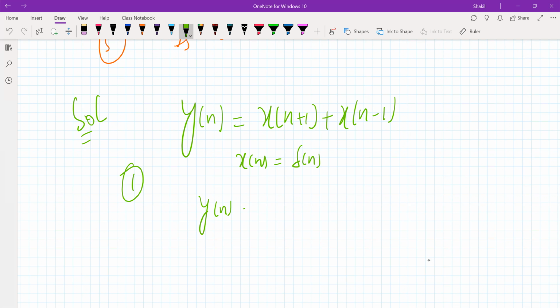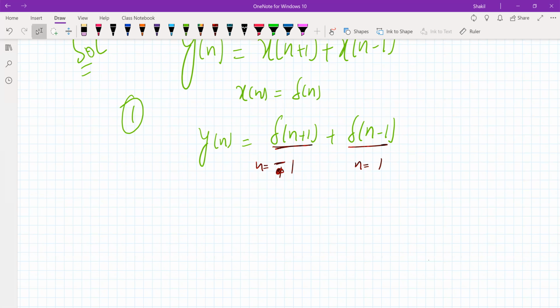So when I put x of n equal to delta n, the first part will be delta n plus 1, plus delta n minus 1. Now we know this is non-zero, equal to 1, at n equal to minus 1, and this is equal to 1 at n equal to plus 1.